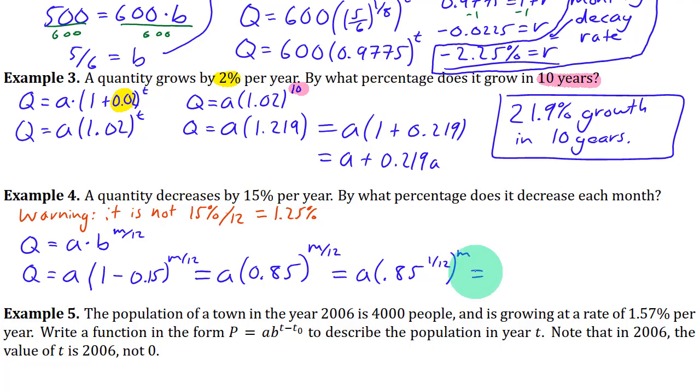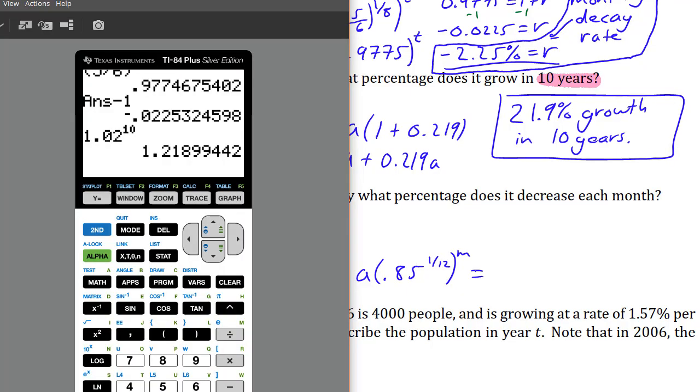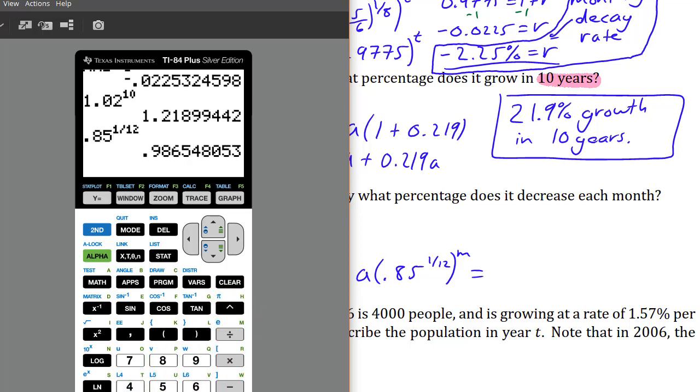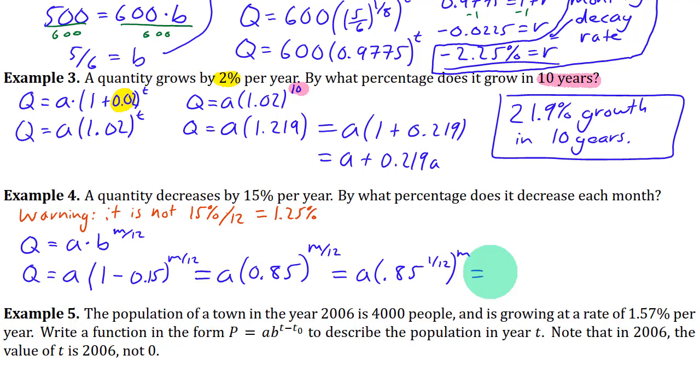And let's see what that is with a calculator. It gives you 0.9865 to the power m. So every month you're multiplying it by 0.9865.